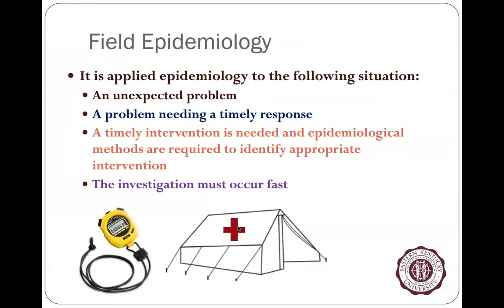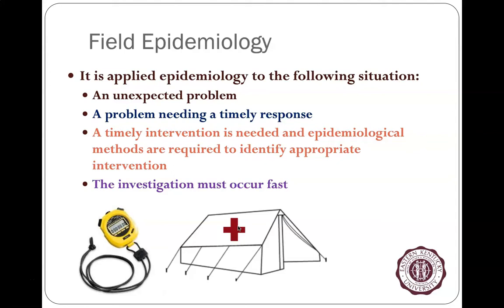So what is field epidemiology? Well, field epidemiology is when we apply epidemiology to an unexpected problem that often needs a timely response and a timely intervention. And the investigation needs to occur fast. So rather than us doing just epidemiology at the computer or through some cross-sectional study or a cohort study, we need to be rapid investigators.